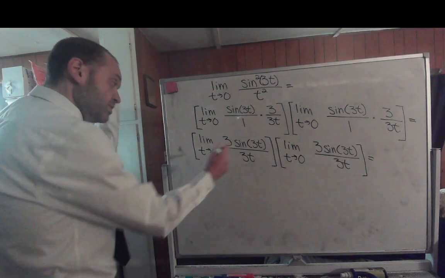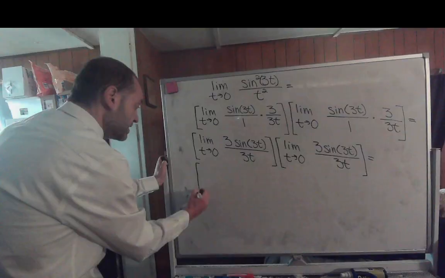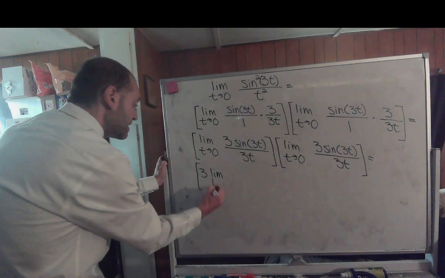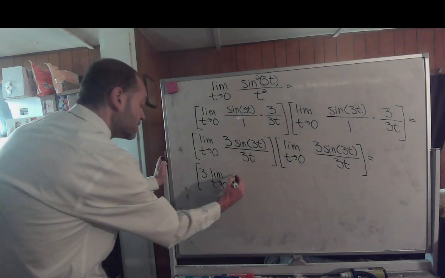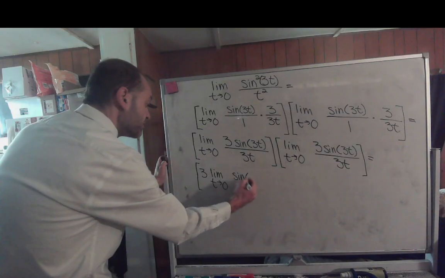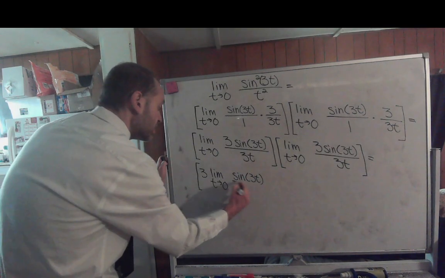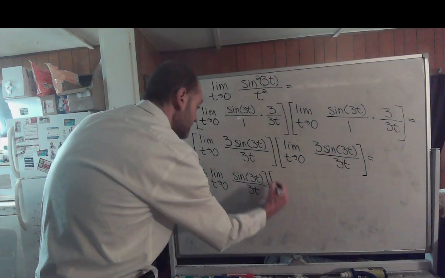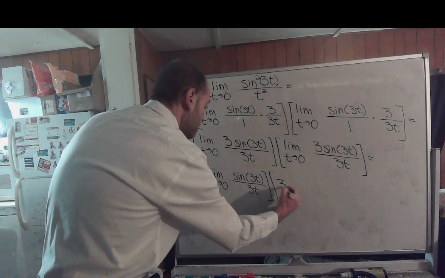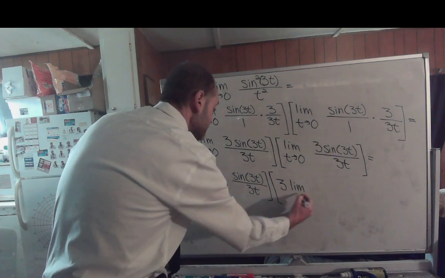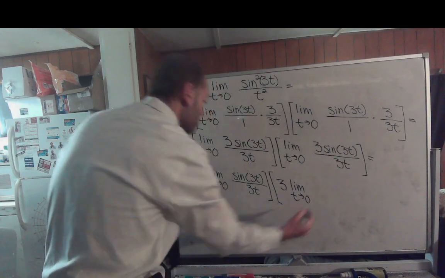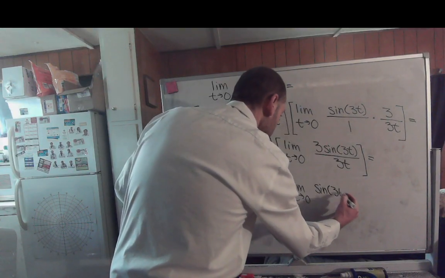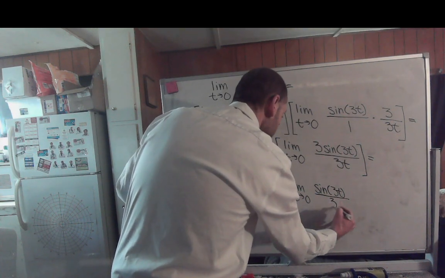Well, we can use the constant multiple in each of these. This would turn into 3 times the limit as t approaches 0 of the sine of 3t all over 3t times the quantity of 3 times the limit as t approaches 0 of the sine of 3t all over 3t.